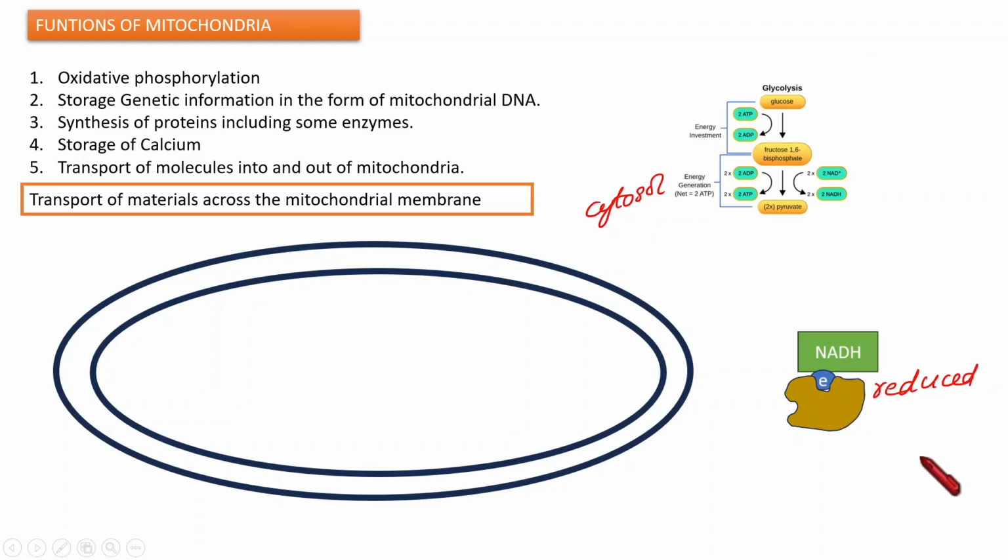This reduced substrate gets loaded onto a carrier molecule, and that carrier molecule brings the electrons. From where did these electrons come? From NADH. In this way, the electrons from the NADH are taken inside the matrix of the mitochondria to initiate the electron transport chain. So that is one function of mitochondria.